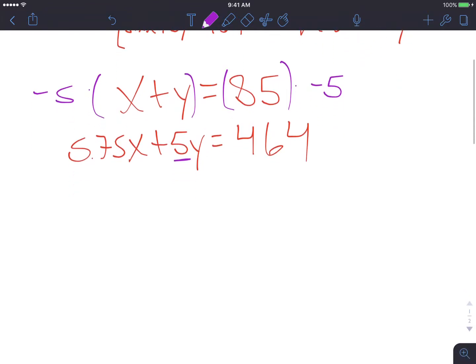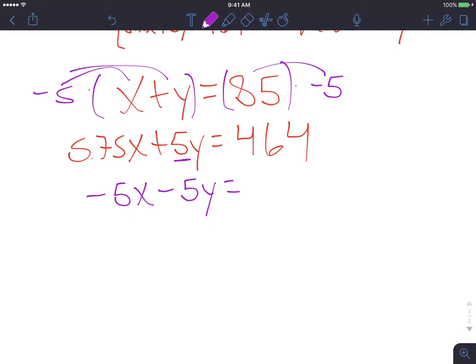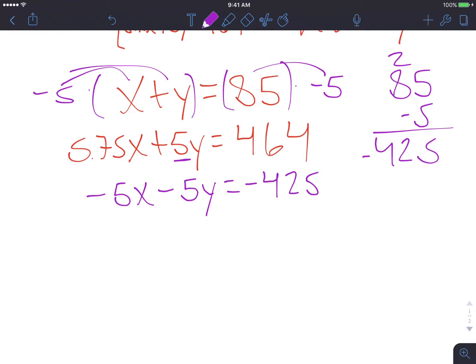We're going to distribute, and you're going to get negative 5x minus 5y equals negative 425. Okay? And now we're just going to add across.